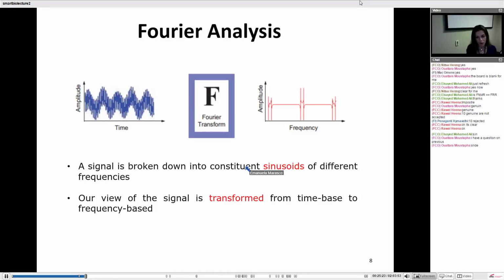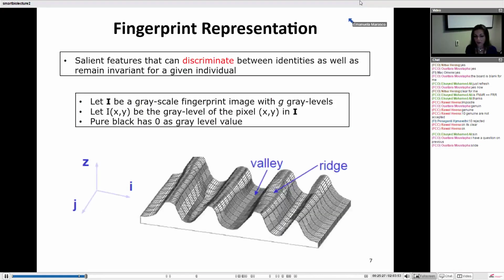There is one student who has a question on the previous slide. So yes, just go ahead. I can go back. You can just formulate the question. Yes, this is a three-dimensional representation.